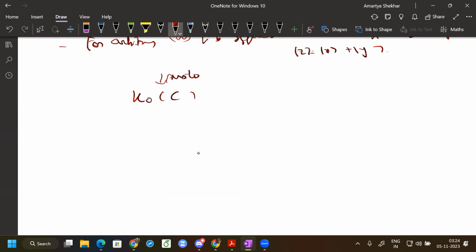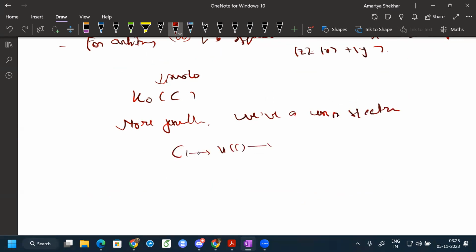More generally, we have a connective spectrum K, so that you get to something like this. This is the K0.